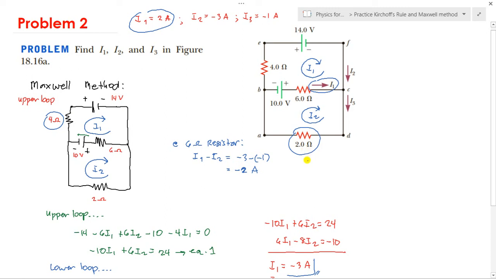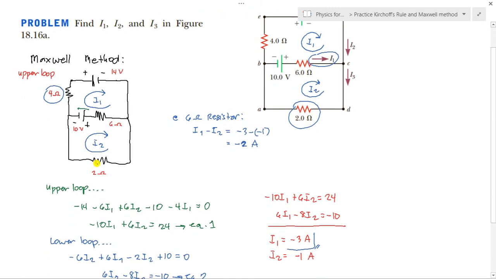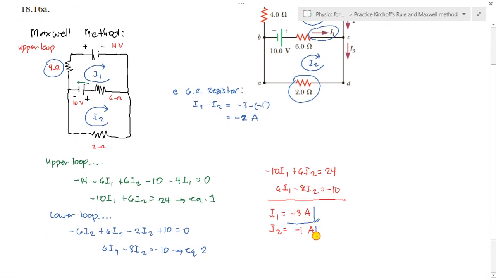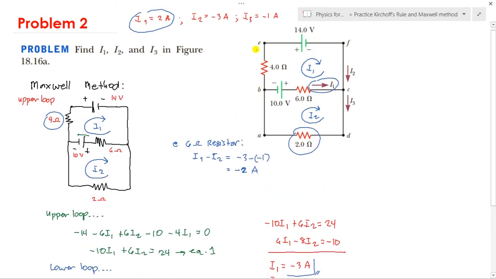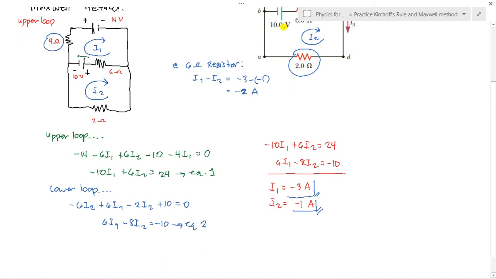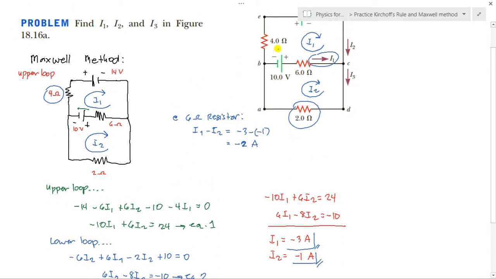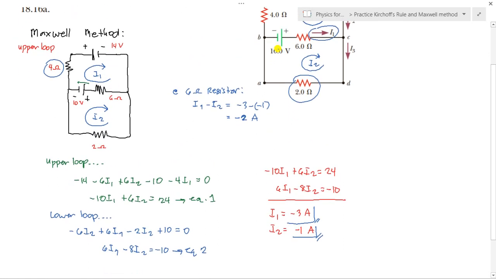Based on Maxwell, what interacts with the 2 ohm resistor is the current I2, and its result proves it, because it is negative 1 ampere, the same as Kirchhoff's, which is negative 1. Okay? Is it clear now? Are there no questions?